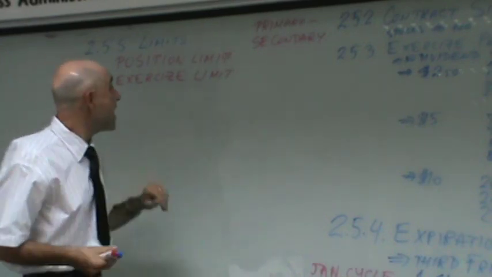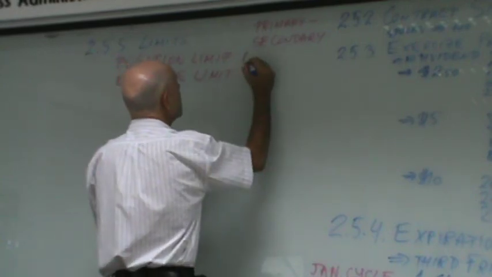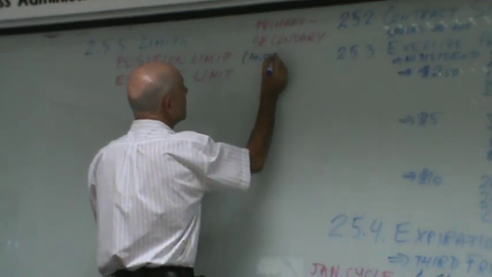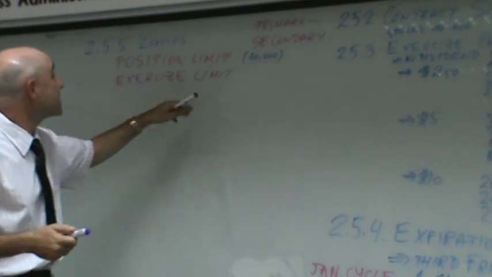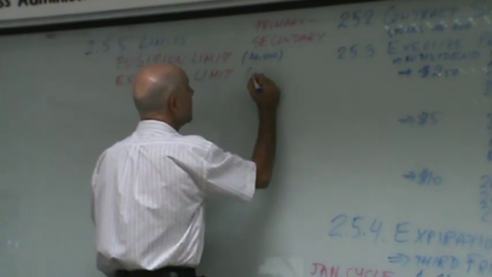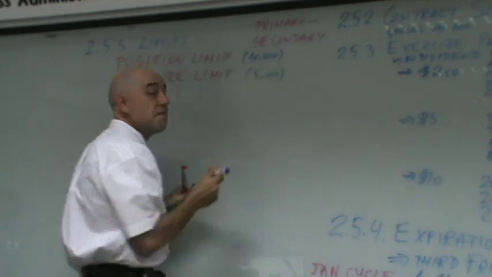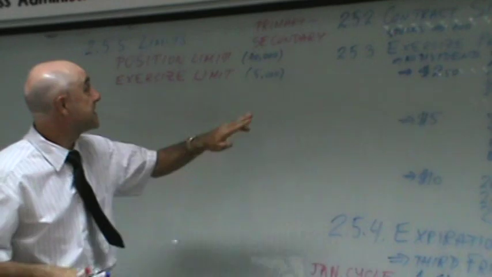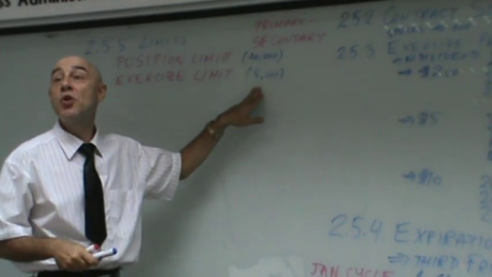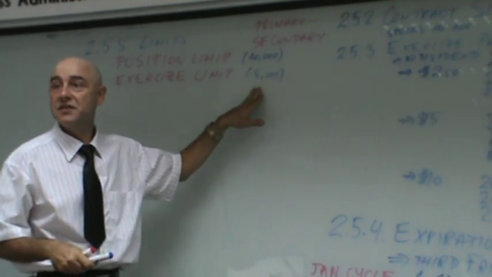You may have an exercise limit of 5,000. So this week you can exercise no more than 5,000.